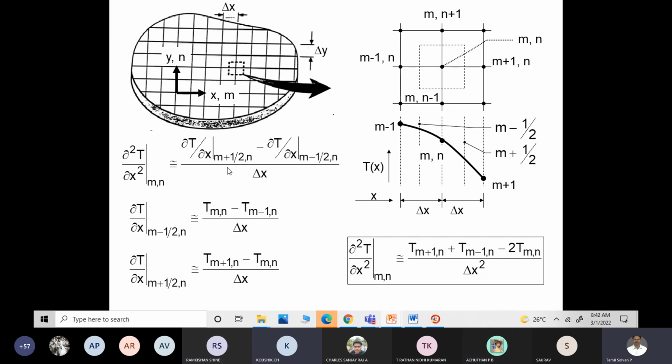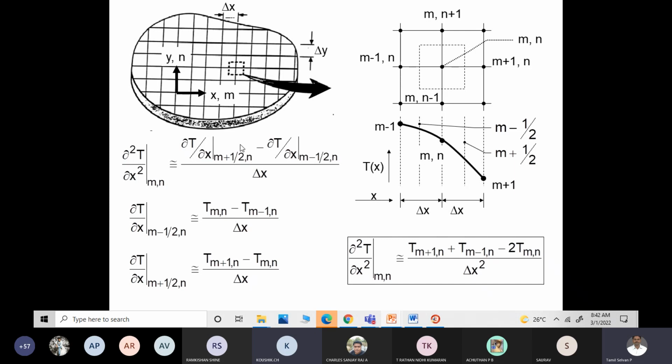You may ask a question, sir, the del x is common, so the del x will be coming here, but that del x divided by this del x will become del x squared. All of you are able to understand this? Why does del x squared come in the bottom? See, already you have this expression. For this, you have del x in the denominator, similarly for this, del x in the denominator.